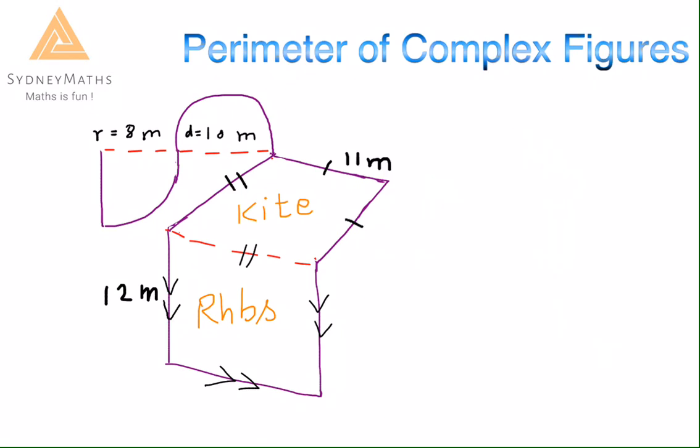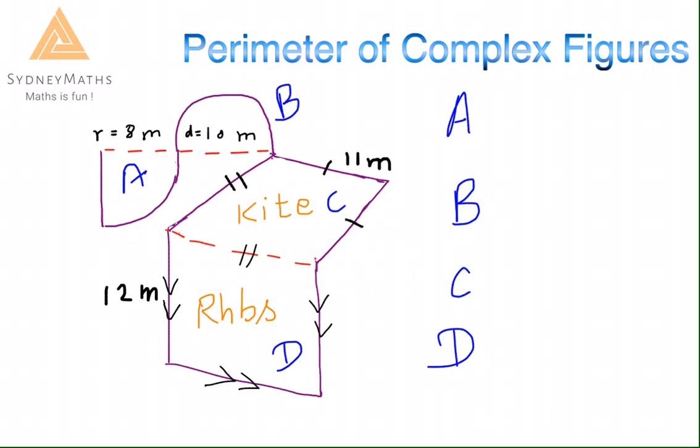In this particular problem, we can see that there are 4 different smaller logical parts: part A, part B, part C, and part D. To find the perimeter of the total figure, we have to find the perimeter of the different parts and then sum that together. So let's start with part A.